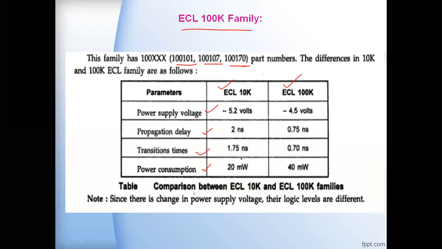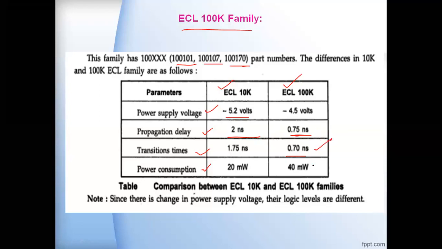Here you can observe that it is minus 4.5 volts for the ECL 10K and minus 0.2 volts for the 100K, so the ECL 10K uses lower voltages. But the propagation delay is very small for the 100K comparatively, and the switching times are also faster.